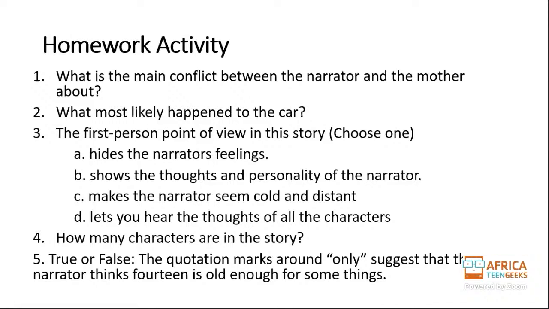And then the third question said, the first person point of view in the story suggests what? So I told you to choose one answer from the following. Number one, it hides the narrator's feelings. Number two, it shows the thoughts and personality of the narrator. Number three, it makes the narrator seem cold and distant. And number D, it lets you hear the thoughts of all the characters.